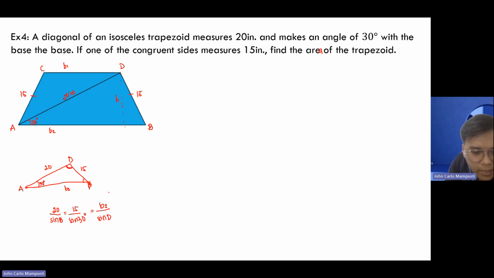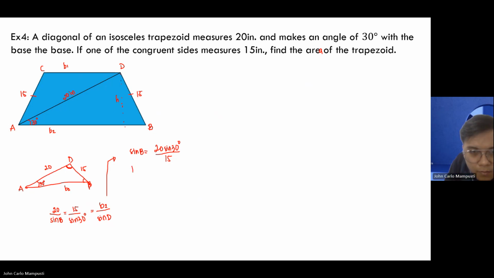As you can see, we can get sine B. Paano? Paano natin nahanapin yung sine B? O, cross multiply mo lang, di ba? So, sine B is equal to 20 sine 30 degrees over 15. Ayan, may sine B ka na.